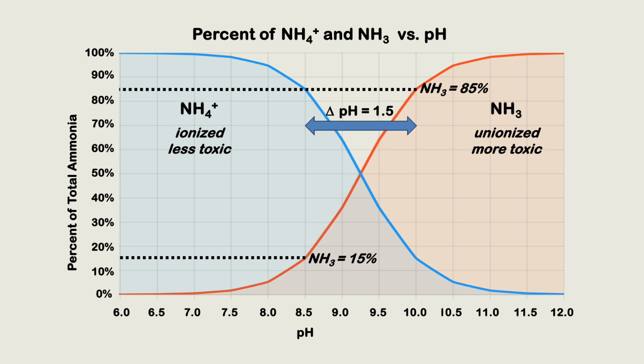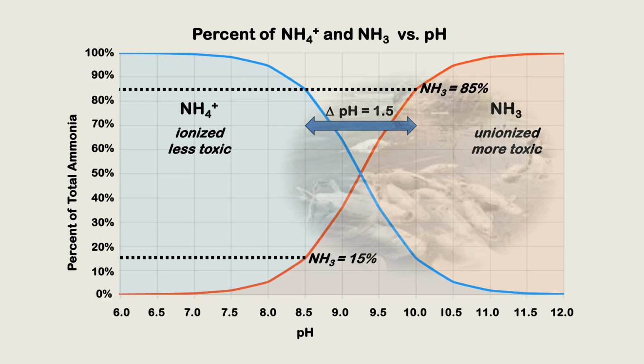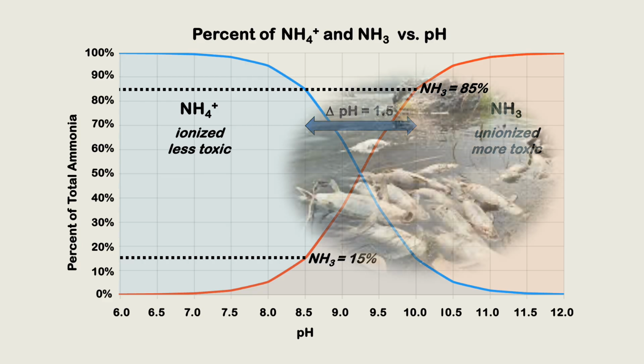A short spike in pH to 9 or 10, as could happen when an algae bloom forms or a sudden downpour causes higher agricultural runoff, can result in a significant fish kill.